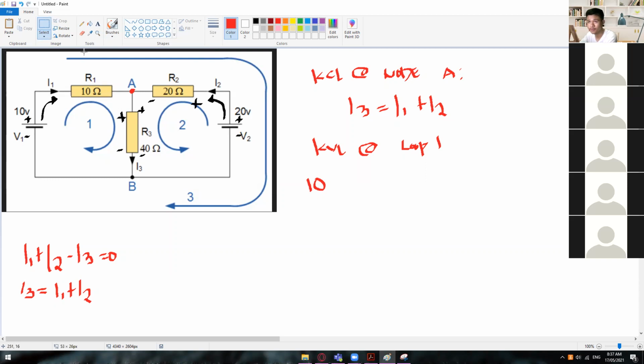I am the one who put those signage, because you can put here negative and then positive, but this one is already incorrect. Why? Because you're having another voltage source in here, wherein you will have this one added to your voltage source. So plus I1 times this R1 right here, I1 R1. See, those two are already contradicting.